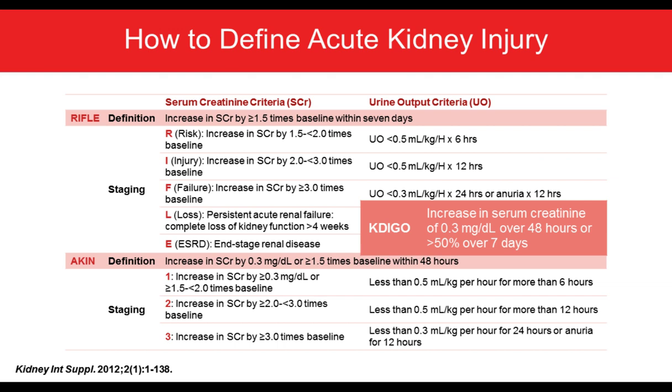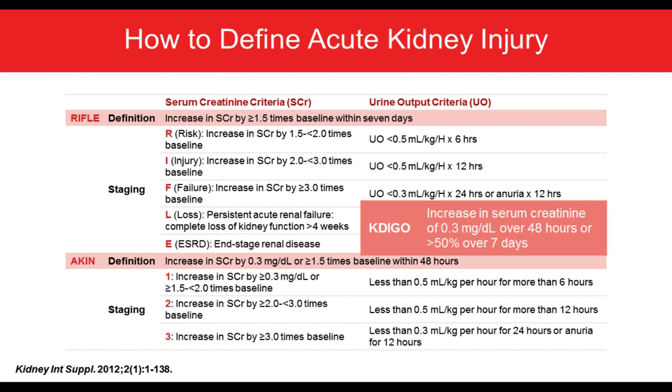So then came the AKIN, Acute Kidney Injury Network criteria, which said an increase in serum creatinine by 0.3 or more than 1.5 times baseline within 48 hours instead of 7 days. And then they divided into 3 stages, taking away the loss and ESRD part with almost the same criteria, and urine output criteria were still the same. So this definition was definitely more specific, but then there were issues with false negative cases.